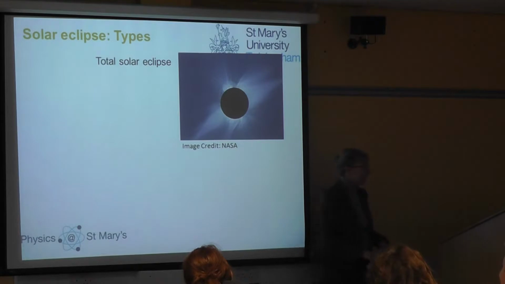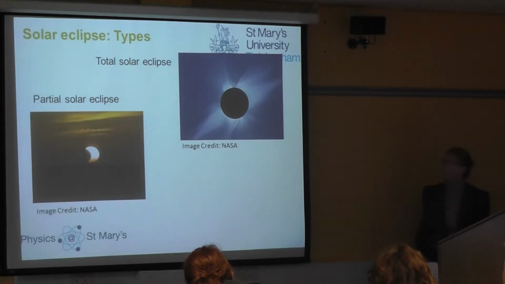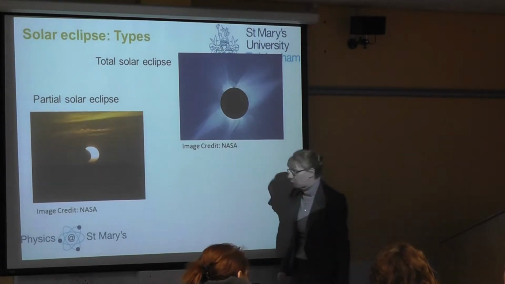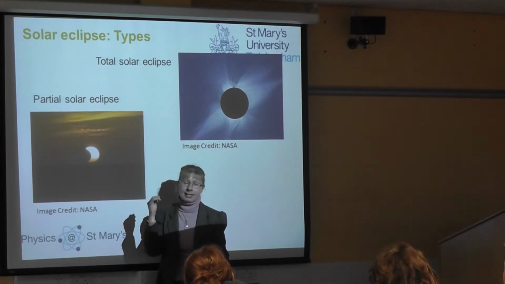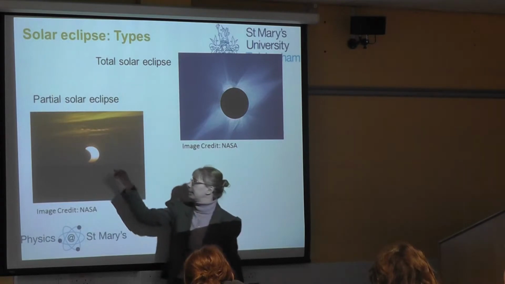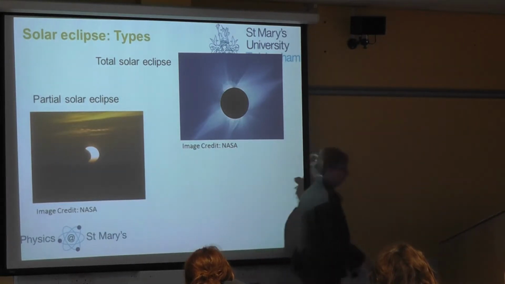Then we have the partial. That's what we saw here in London, or through streaming. In the partial one, as you have experienced, the sun is not completely covered by the moon, only partially.